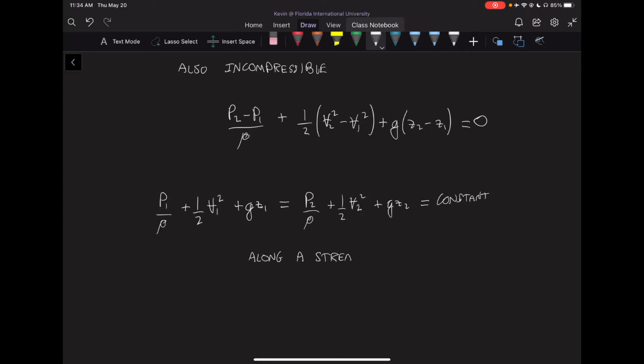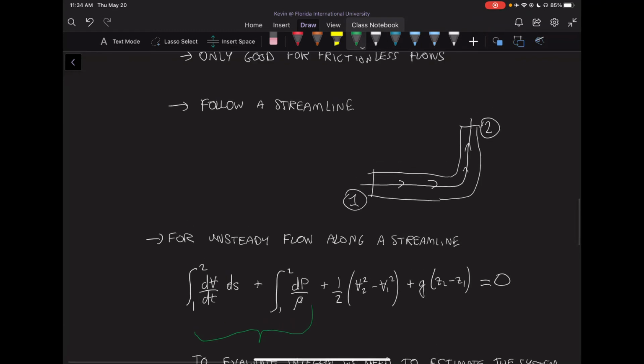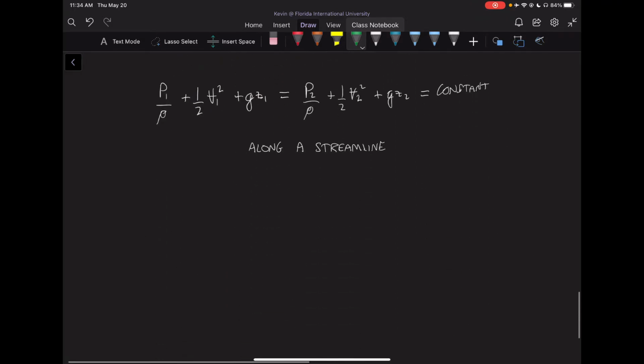So that means that if you pick any point along a streamline, such as in our example above, we had the streamline in the middle. If you pick any point on the streamline, like point 3, for example, you can apply this equation as long as it's a system that has incompressible flow, that has steady flow, and that is inviscid, or it has no viscosity.